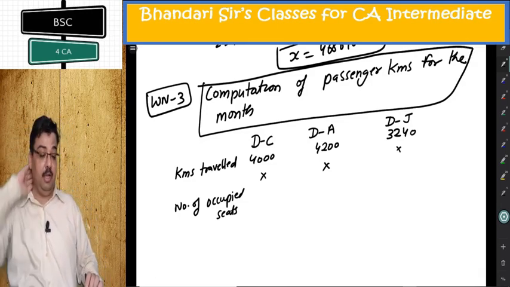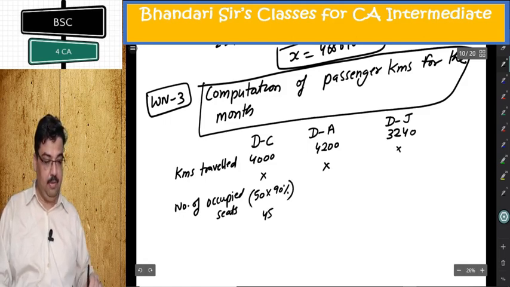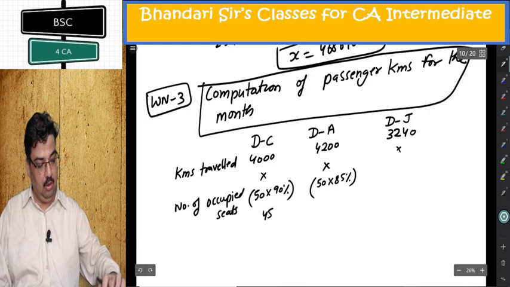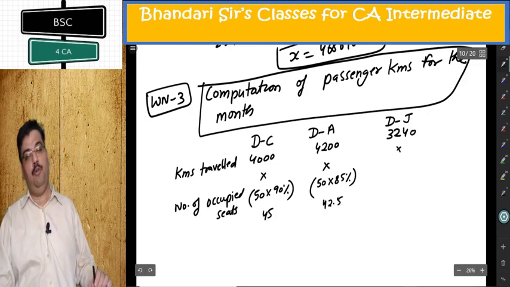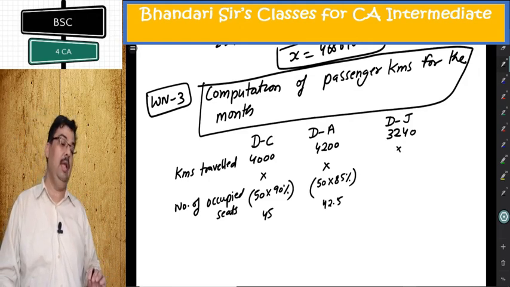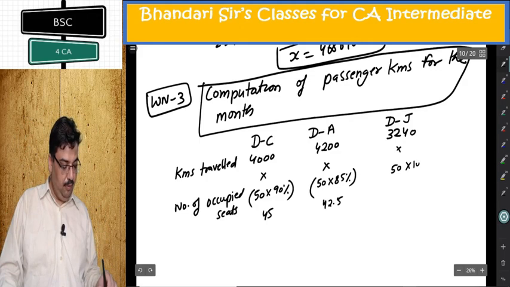The capacity of a bus is 50 and occupancy 90%, so 45. If you can recall, I have told you, do not approximate the number of passengers. If you do it as 43 or 42, I don't think that is going to be taken as correct, because this is only the average occupancy we are using. 50 into 100% is 50.